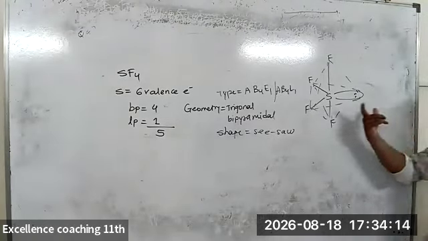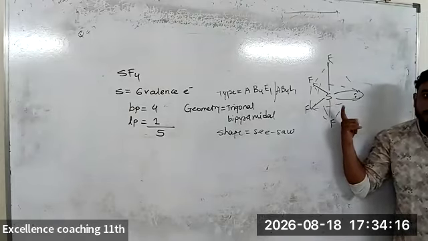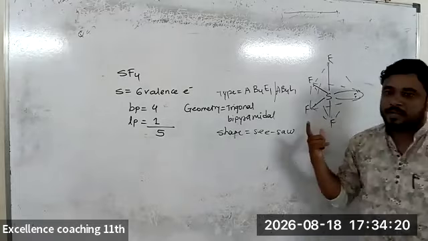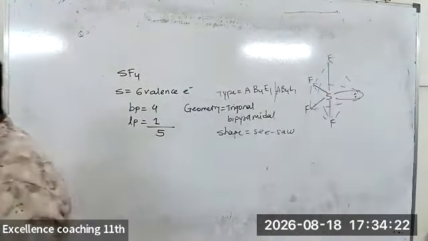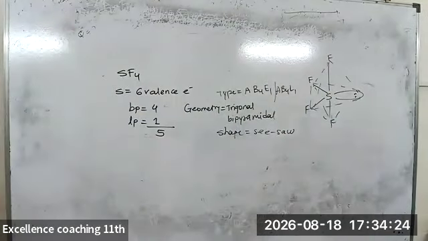The geometry you are drawing should look like a trigonal bipyramid. So trigonal bipyramid is solved. That's done.